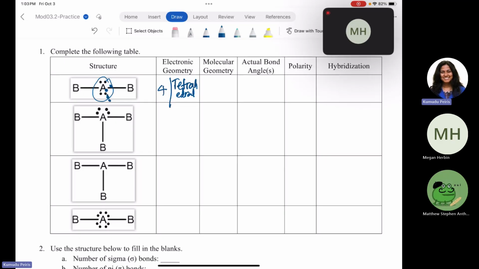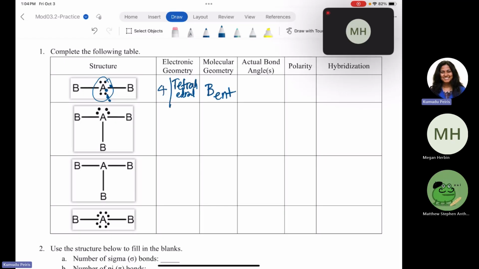In this case, the lone pairs stay as far from each other as possible. The chart will tell you this information too. So when we have two sigma bonds and two unshared lone pairs, the molecular geometry will be bent.